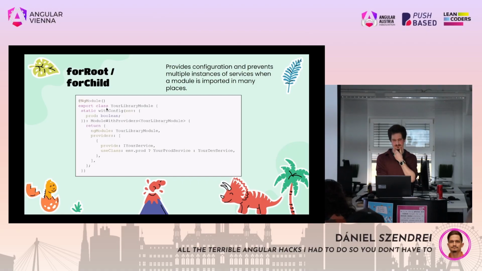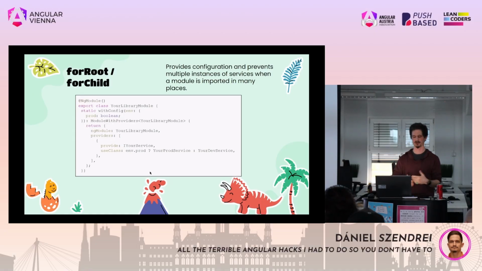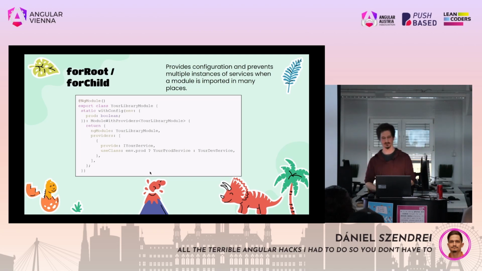You basically had your library, and then you had this withConfig or whatever, where you can pass, for example, an environment, and then a definition for the environment, and in the providers array, you will be able to decide which service you would like to provide based on the environment, if it's production or development. So it's kind of the same reason why I had to do it as in the earlier example.